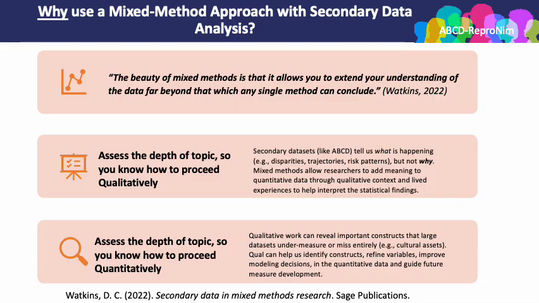So in the next few slides, I'll describe different scenarios in which you're going to either first utilize the secondary data set to then inform the qualitative approach, or do the converse, where you're going to first do a qualitative study that's going to inform the variables that you're going to select in your quantitative analysis with the ABCD study.